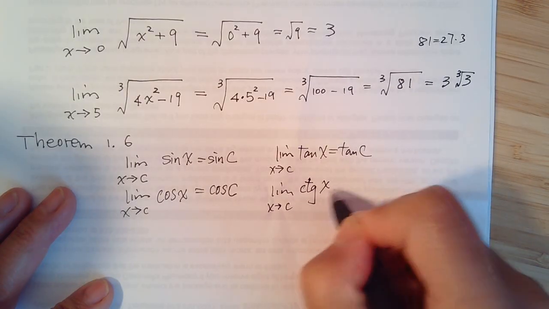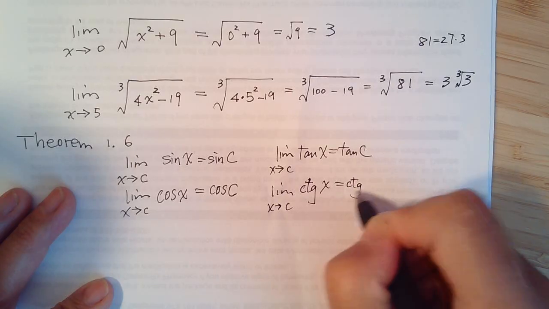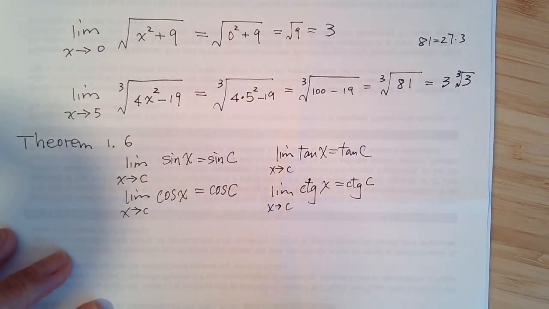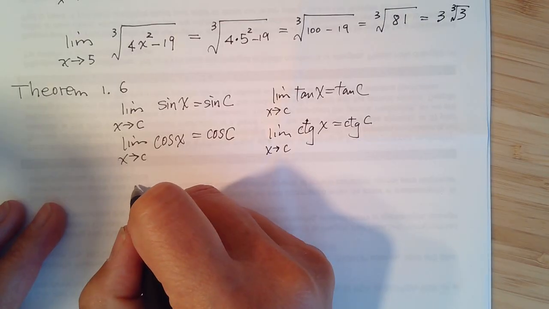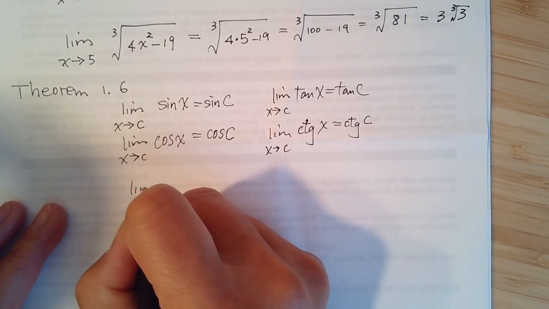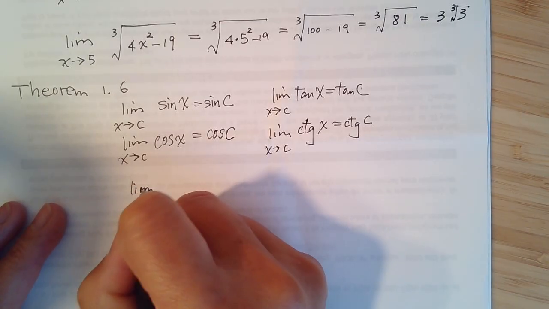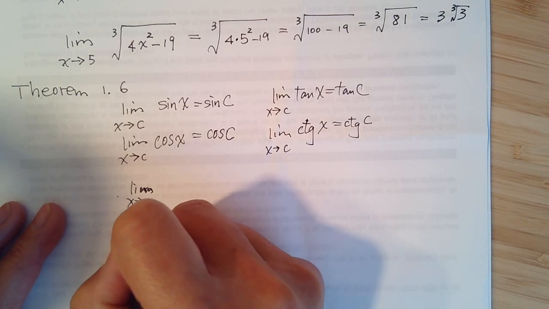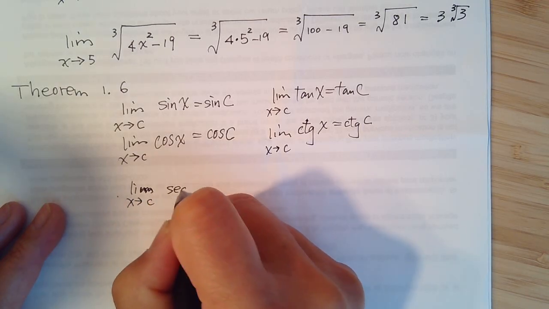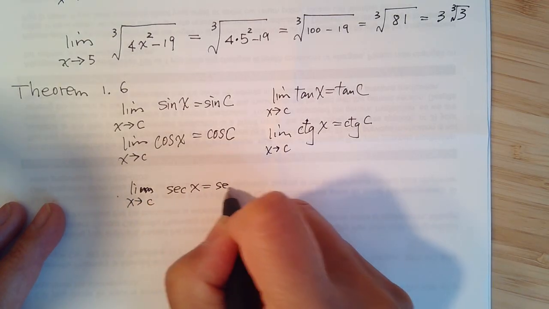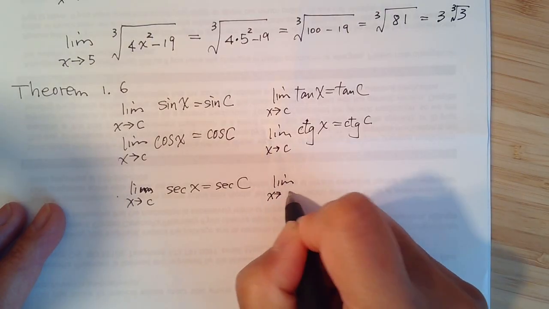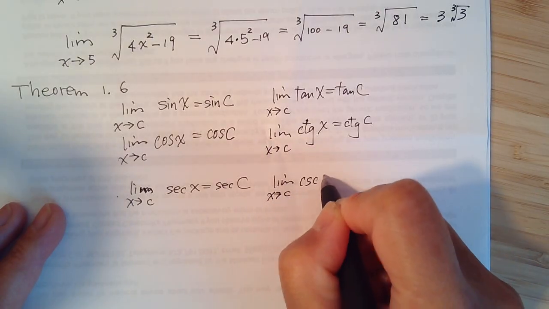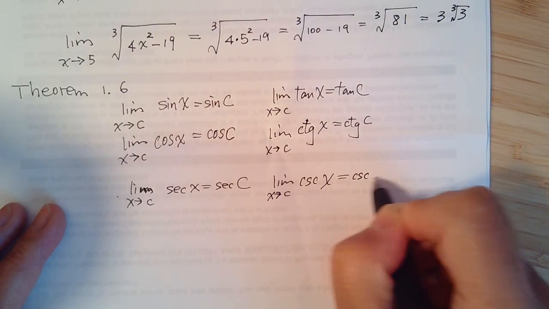It's the same thing. As long as you understand, that's okay. And after sine, cosine, tangent, cotangent, the last two are secant and cosecant. So the limit as x approaches c of secant x will be secant c, and the limit as x approaches c of cosecant x will be cosecant c.